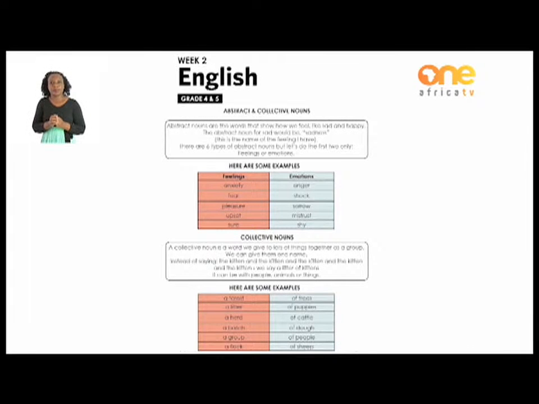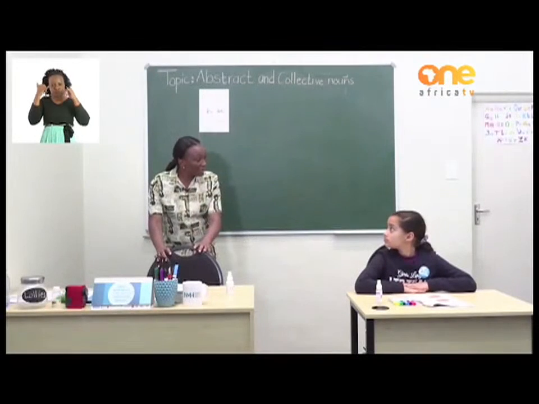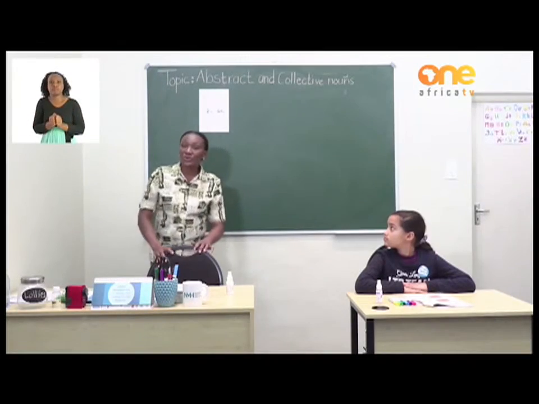Here are some examples of collective nouns. I've already mentioned some, so you can see a forest of trees, a litter of puppies, a herd of cattle, a bunch of dough, a group of people. So those are the few examples of collective nouns. Chanel, do you have any question? No question.